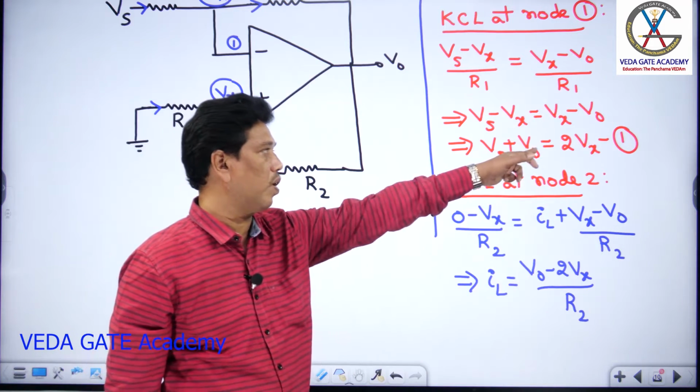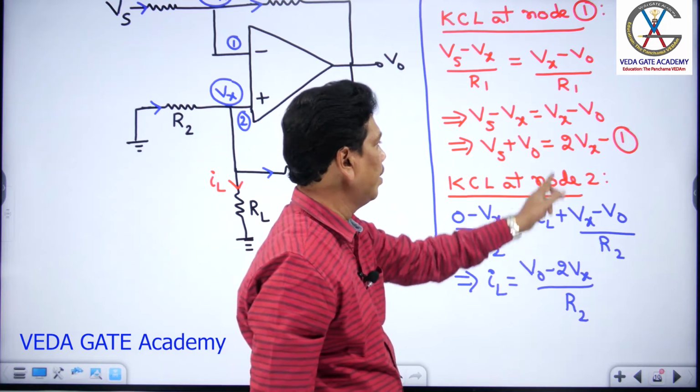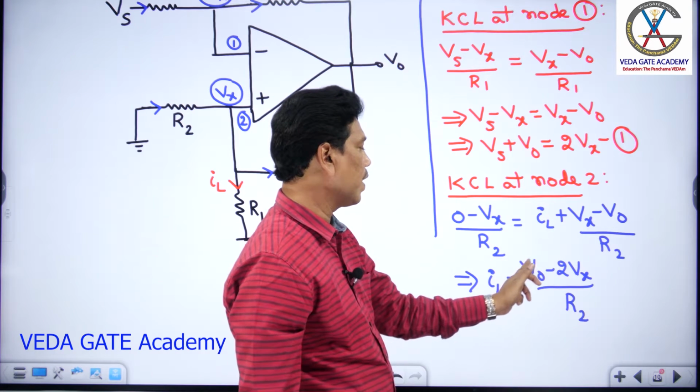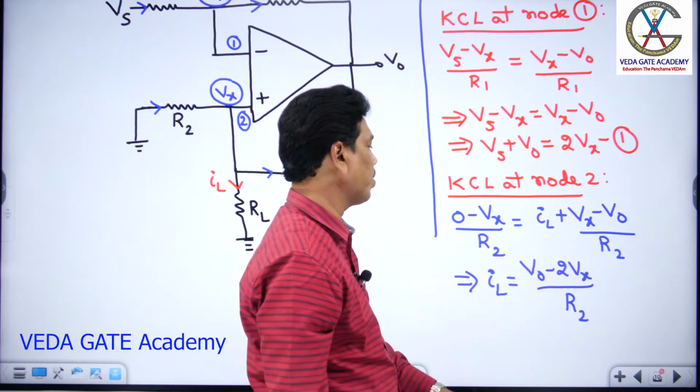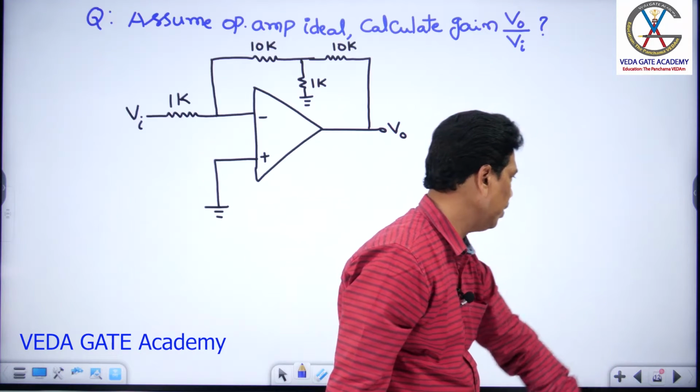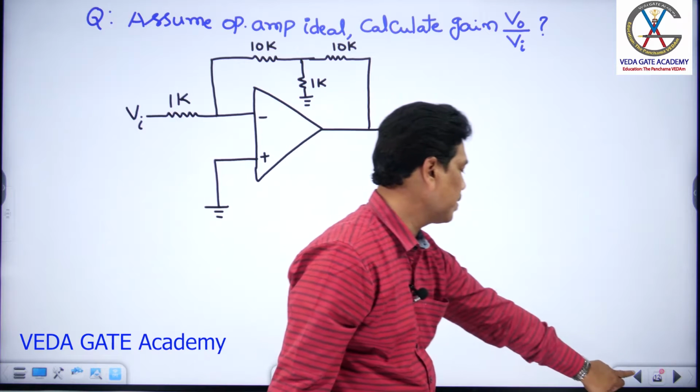Now let us see this one. I can substitute the value of 2Vx there. IL equal to (V0 minus 2Vx) by R2.